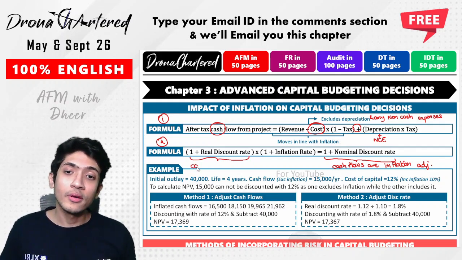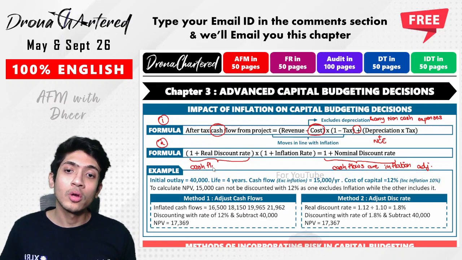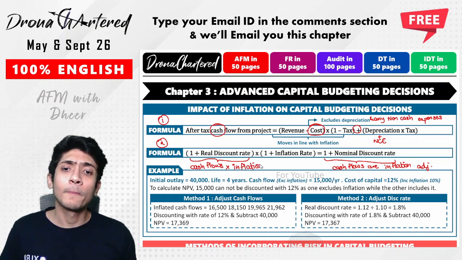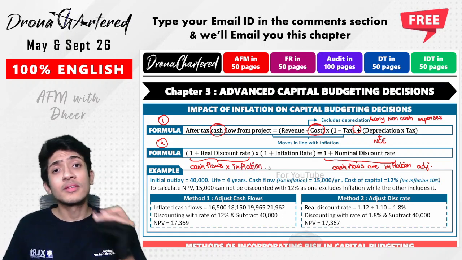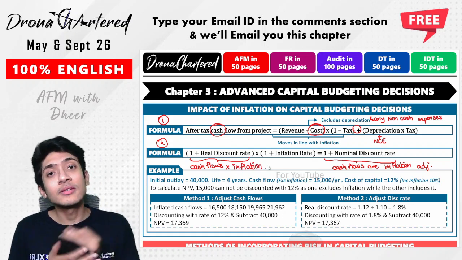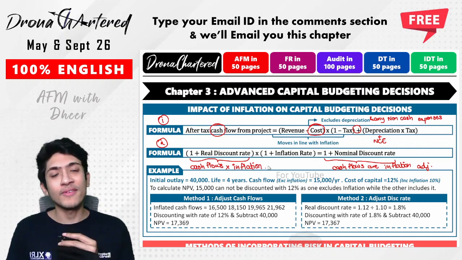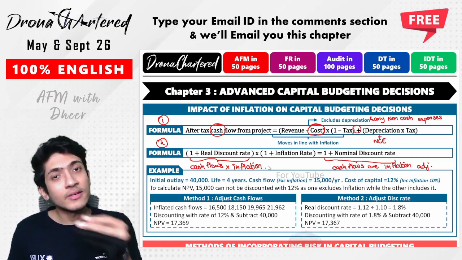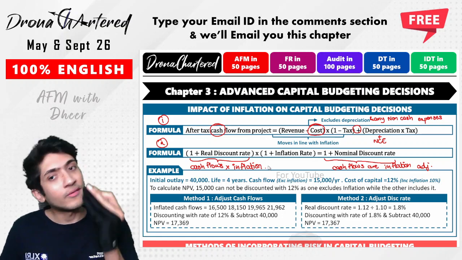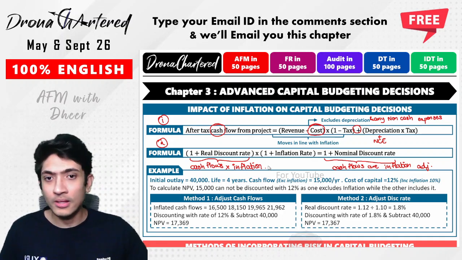So this is for cash flows with no inflation effect. Is that clear? Correct. Because the cash flows will have to match the discounting rate, or vice versa. The discounting rate has to match the type of cash flow. If the cash flow is adjusted for inflation, you will use the nominal discount rate. If it is not adjusted, you can use the real discount rate.